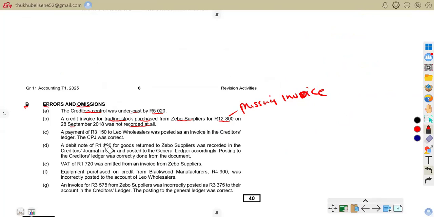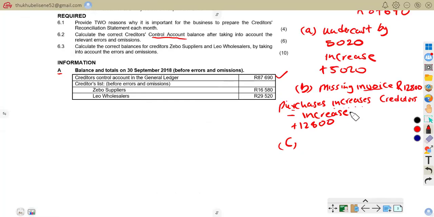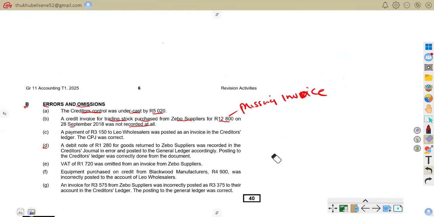So this one, we are just to leave it for now and then come to information D. Remember we have said we are going to do only items that affect our creditors control. If it doesn't affect the creditors control, we are to leave it. So let us hear what D holds for us, then we'll take it from there.